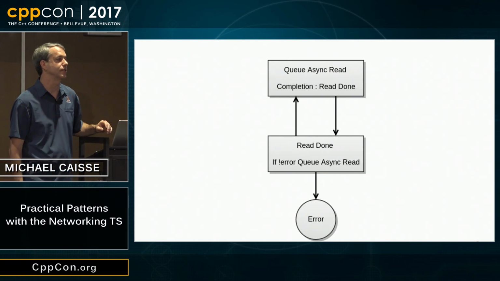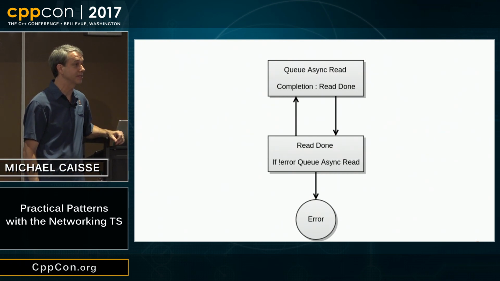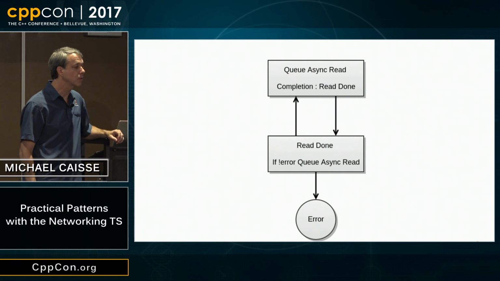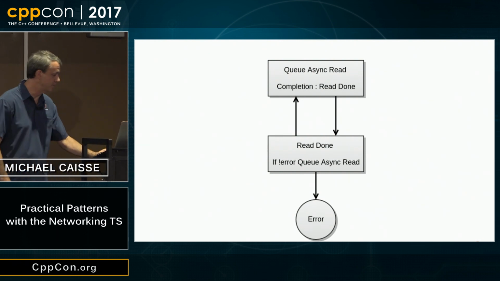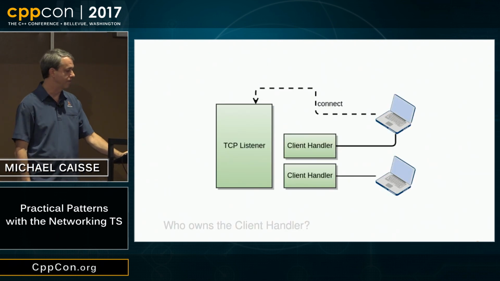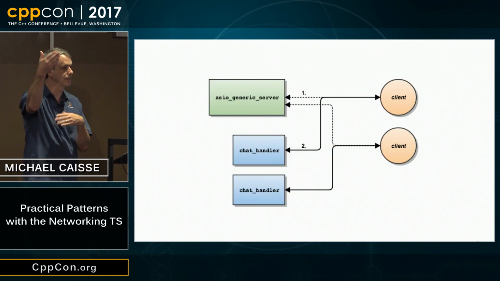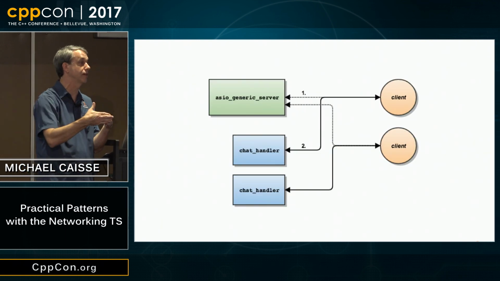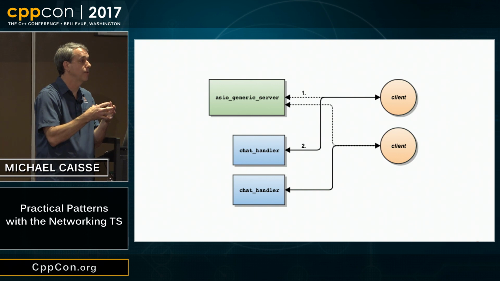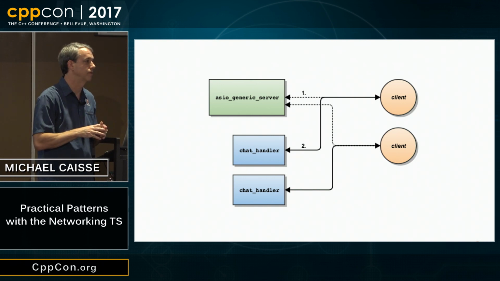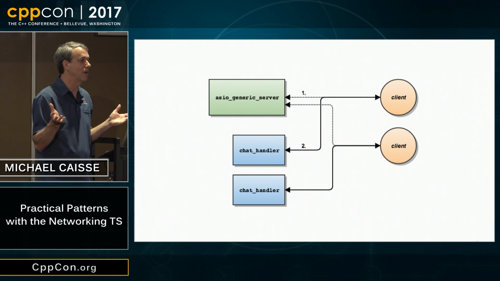So the question basically is what do you do when you have to have management, right? What we do is, in this generic thing where we've got a generic listener handing things off to the chat handlers, the generic listener has a callback handler into the system somewhere. The system generates one of these, passes in as a template parameter what the client handlers look like, and calls set connection handler.